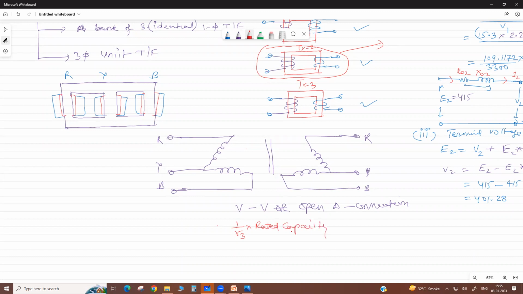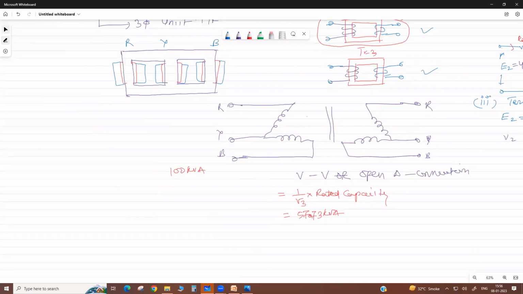Like if it is a 100 kVA transformer, then it will operate only at 57 kVA. 1/√3 times, 100/√3 means 57.74 kVA we can operate. Open delta we can use.